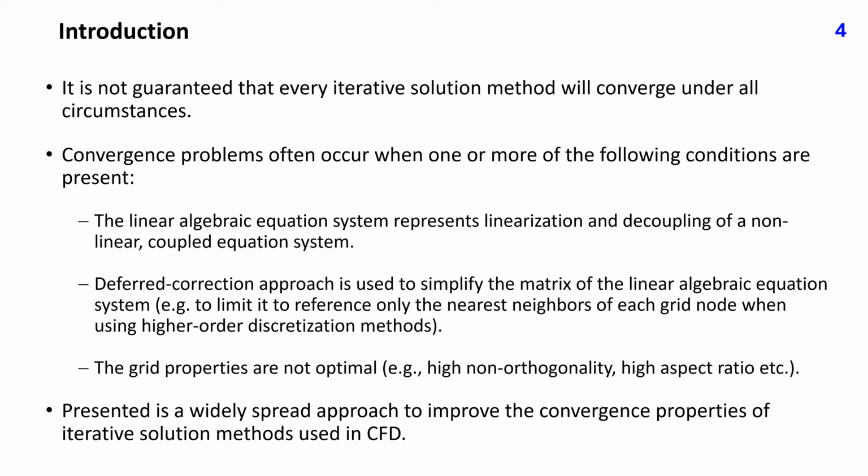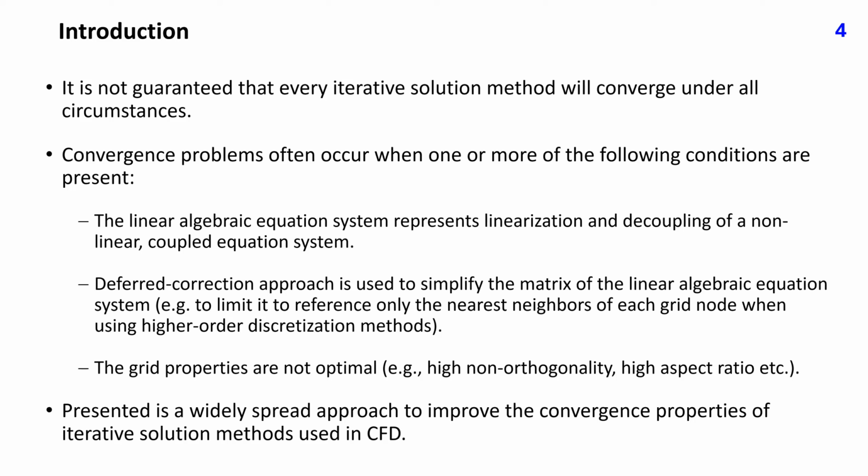The deferred correction approach is used to simplify the matrix of the linear algebraic equation system, for example, to limit it to reference only the nearest neighbors of each grid node when using high-order discretization methods. In this case, even a linear equation system requires outer iterations to update the right-hand side, even though the coefficient matrix is not updated. And the grid properties are not optimal, for example, high non-orthogonality, high aspect ratio, etc.